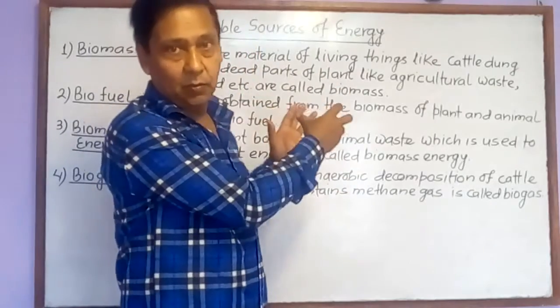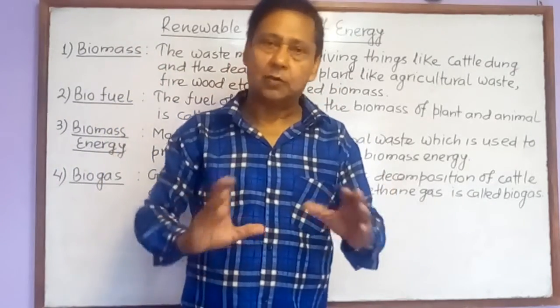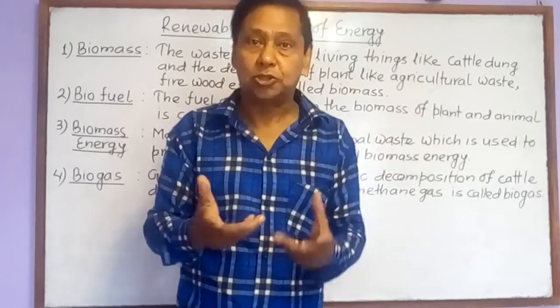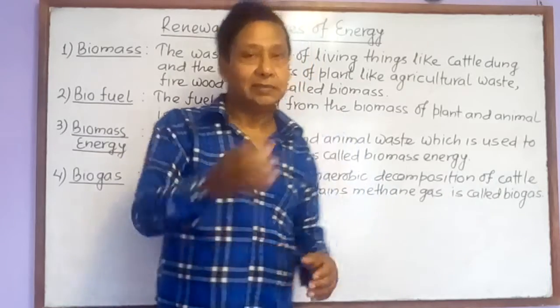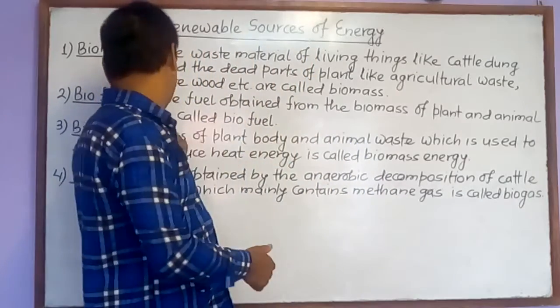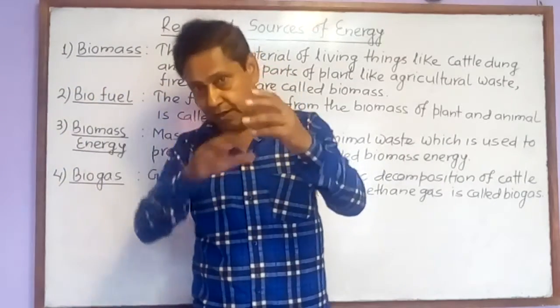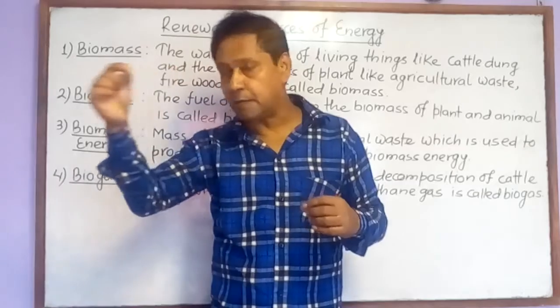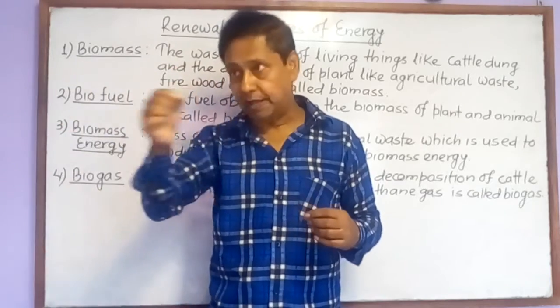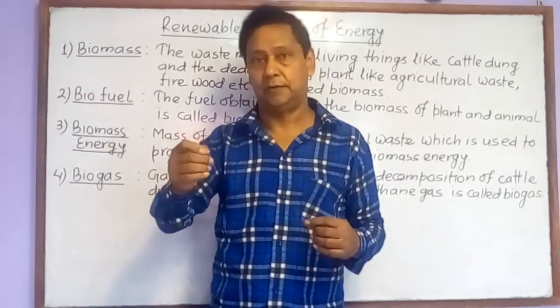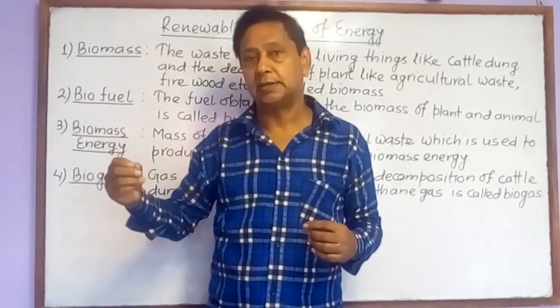The same thing, when burnt or used to get heat energy, is called biomass energy. It can be further categorized into three categories: one, solid biomass energy; another, liquid biomass energy; and third, gas biomass energy.